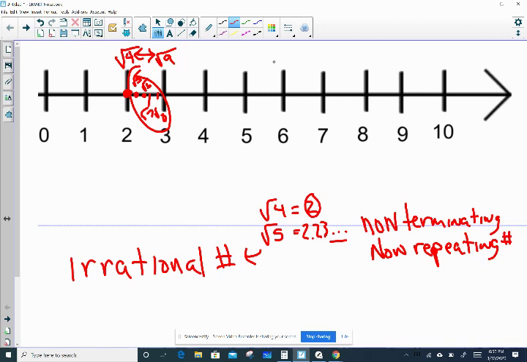So if we looked at this, let's go further down. We see 6 is also the same as the square root of 36 because I plugged it into the calculator. So that means, let's go to 7, and we know that 7 is the square root of 49 because 6 squared is 36, 7 squared is 49.